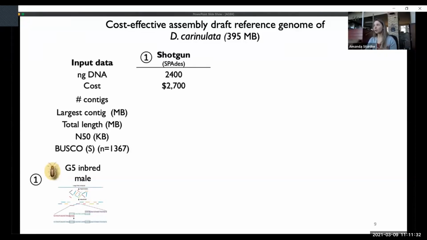This has low input DNA requirements and is pretty cost effective. And we assembled those reads, paired-end 250, and it actually turned out pretty all right. Lots of contigs, but a relatively high rate of single copy orthologs. I'm just showing the single complete orthologs from the BUSCO set, and an N50 that is all right with a total length about what we expected.